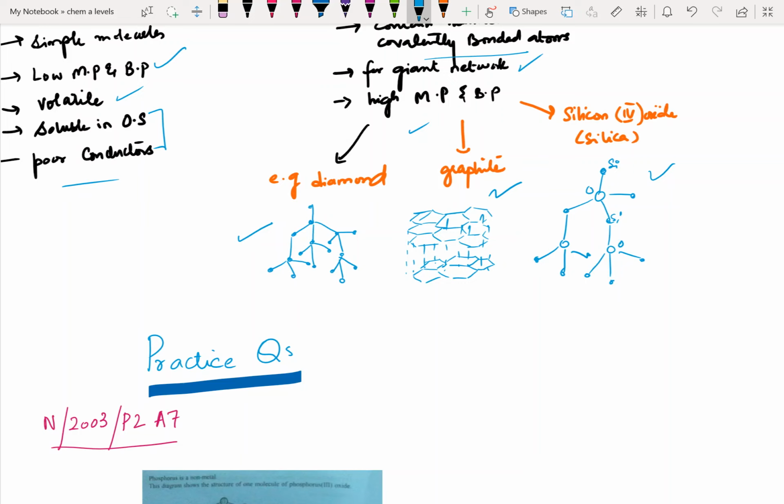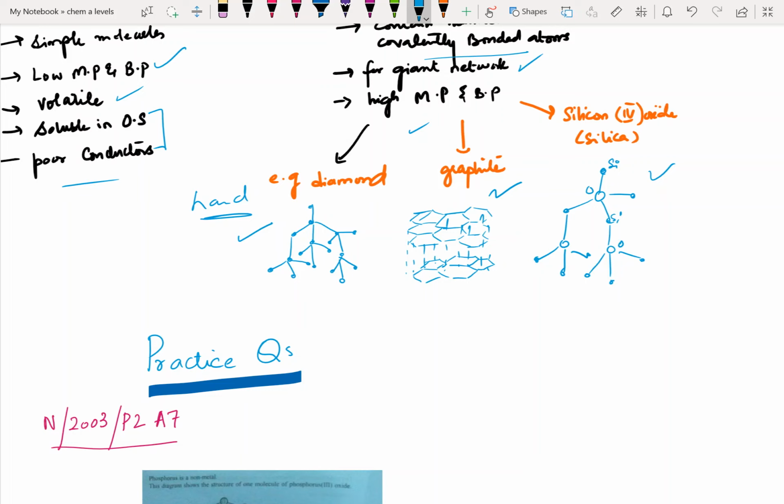If we look at the properties of diamond and graphite, diamond is the hardest known substance we have, and it is one of the allotropes of carbon.